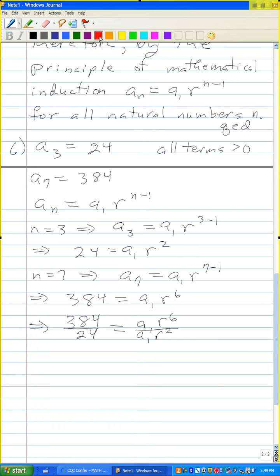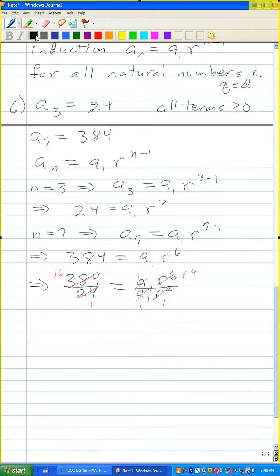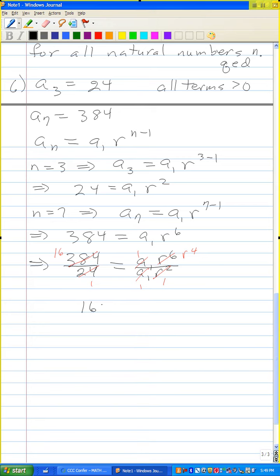And so 384 divided by 24 is 16. Again, assuming a sub 1 is not 0, which is our general assumption in this section, I can cancel these. And again, I can divide both of these by r squared. So I get r to the 4th. So therefore, I get 16 equals r to the 4th.